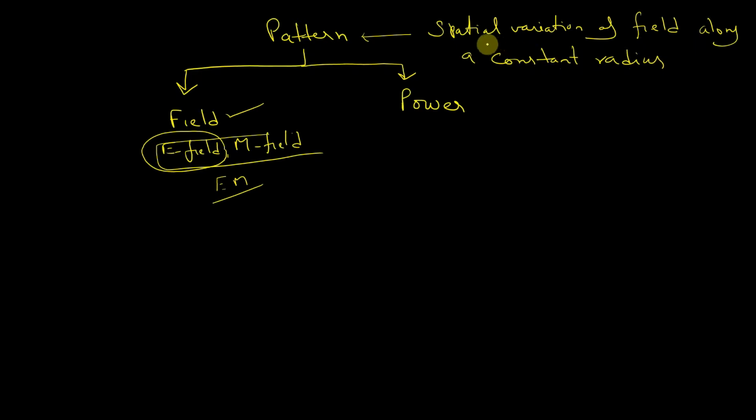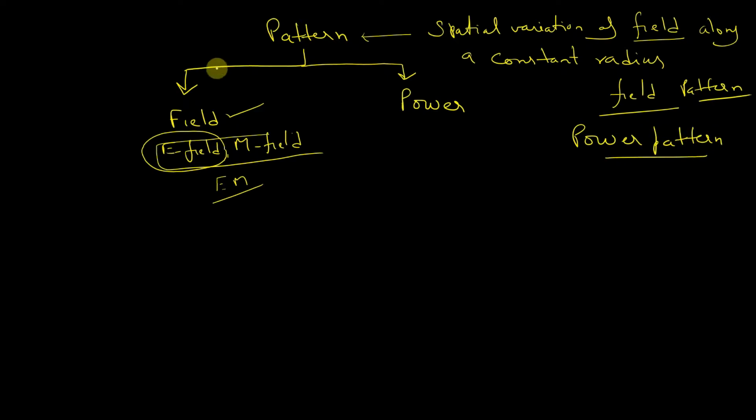If this is the spatial variation of field along a constant radius, then it is called a field pattern. If the spatial variation of power along a constant radius is taken, then it will be a power pattern.